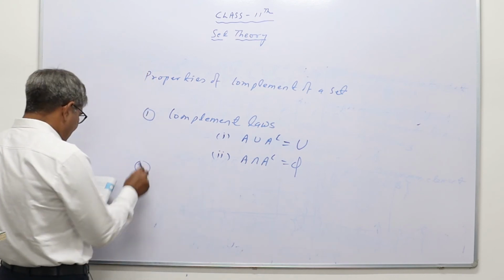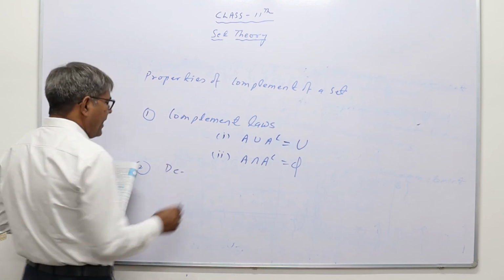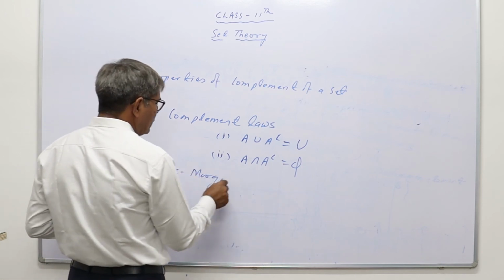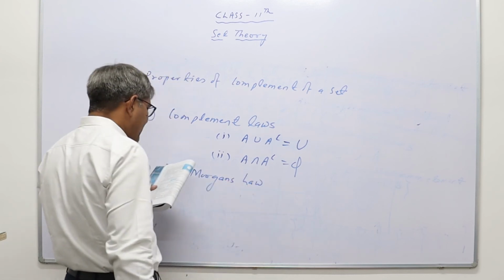Then the second property, De Morgan's law. This is a very important property. What is De Morgan's law?